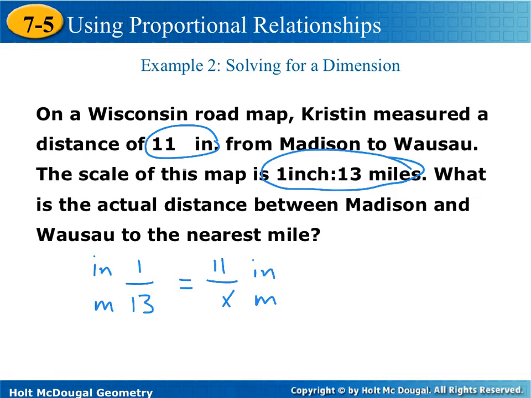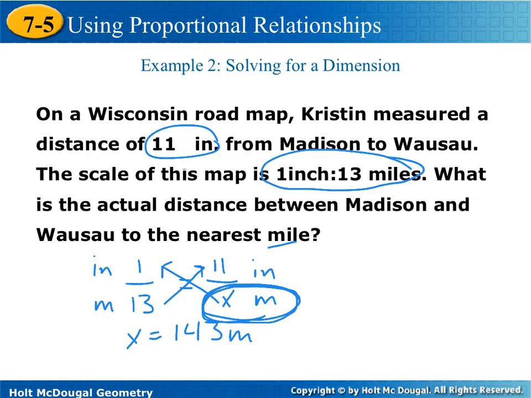So now what do we do? Cross multiply. And we get x is equal to 143. 143 inches, miles, feet? What is it? Miles. Because look, x needs to be miles, and it's asking us for miles.